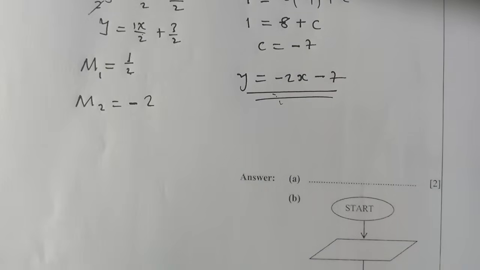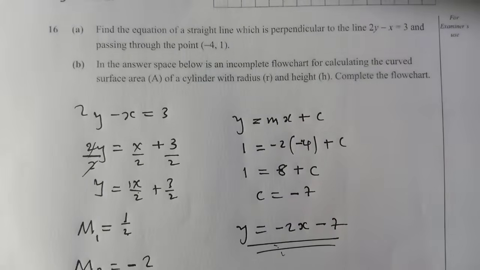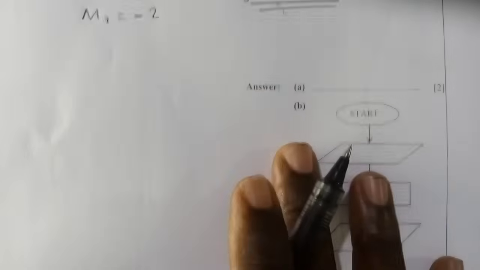We go to the next question. Question B. In the answer space below is an incomplete flowchart for calculating the curved surface area A of a cylinder with radius r and height h. Complete the flowchart. So the flowchart, where is it? It's over here.